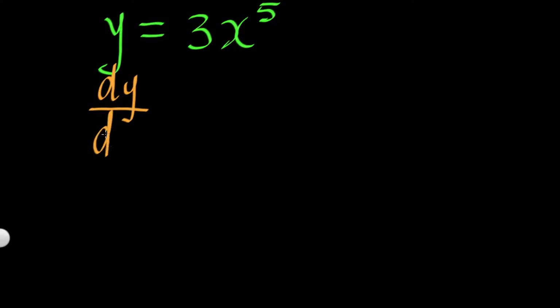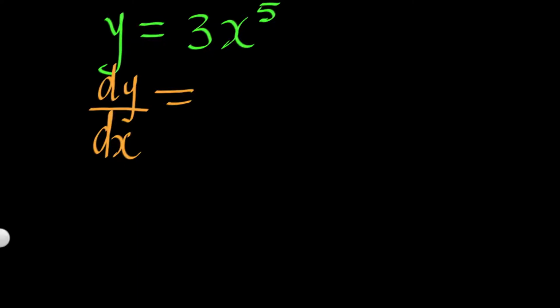If you have a function or an equation like y is equal to 3x to the power 5, we can find dy dx, which is the first derivative of y. What we mean here is the derivative of y with respect to x. x is our variable in this case.